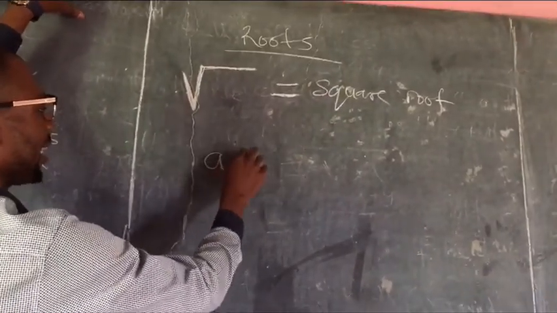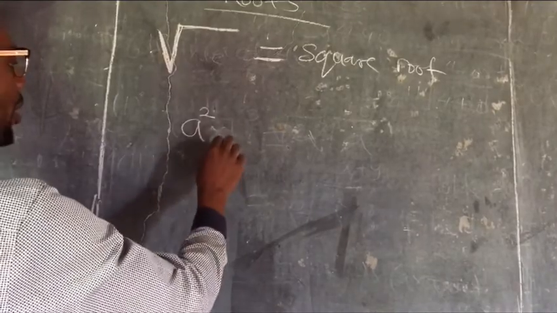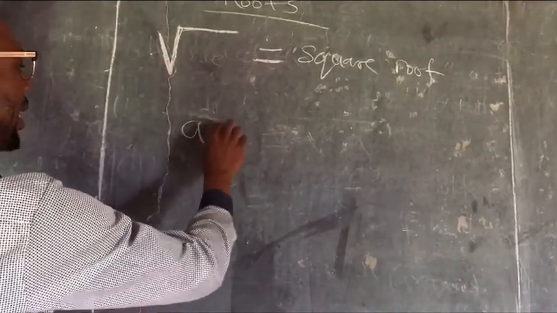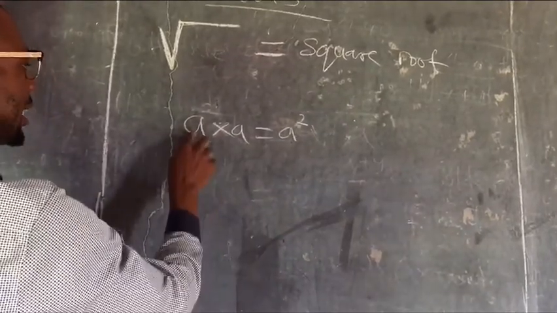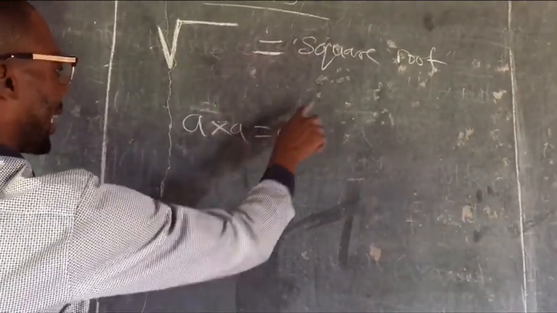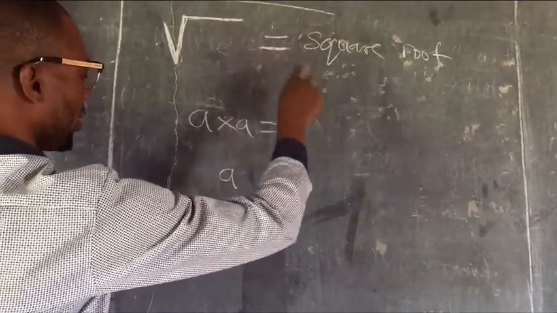Now, if I raise a by 2, or if I multiply a times a, I will get a square, right? Now, this a that I multiplied by a to get a square, this a is the root of a square.